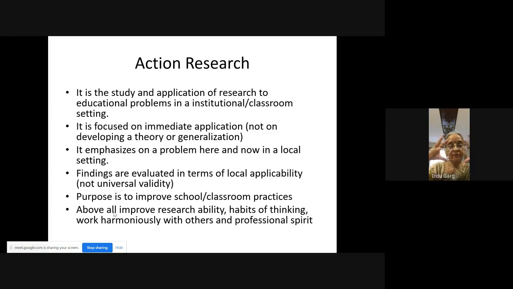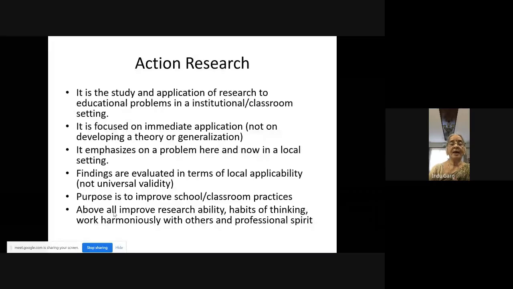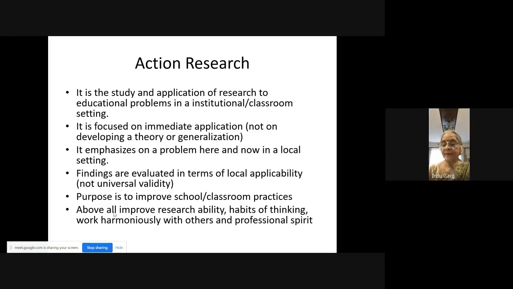And then we need to work harmoniously with others, with your students. If you want to share your findings or your solutions in the staff room, you can do it to help, because you are a professional, and in professional spirit you might want to share it with others. No problem at all. So you have to develop research ability, habits of thinking right, logical thinking, harmoniously working, and develop your professional spirit. Okay.